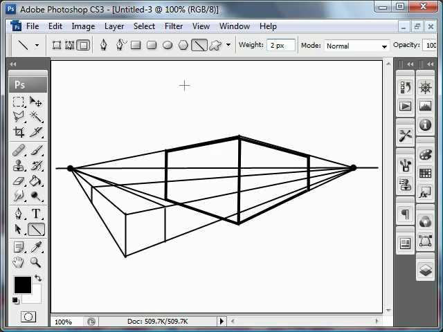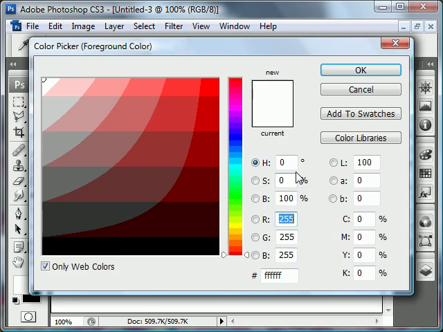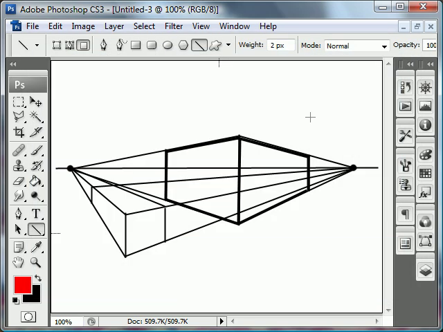To do that, you need to find where the middle of the side of the building is. Now, if I just look at this edge right here, I can sort of find, if I just measure this edge here, where the midpoint is on this line and place it approximately there.